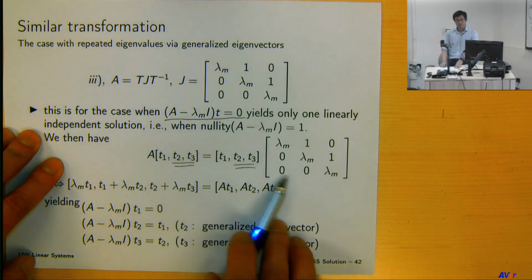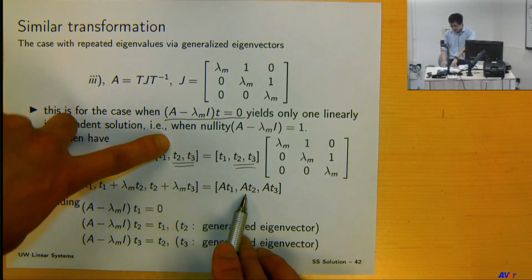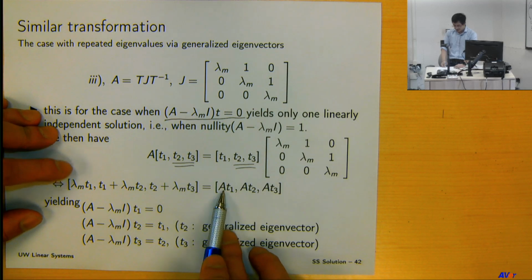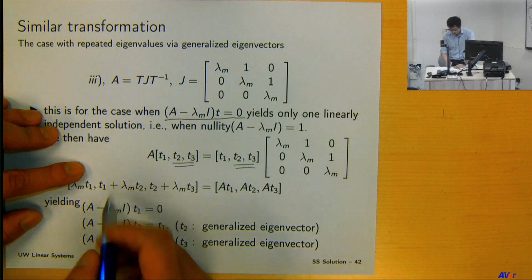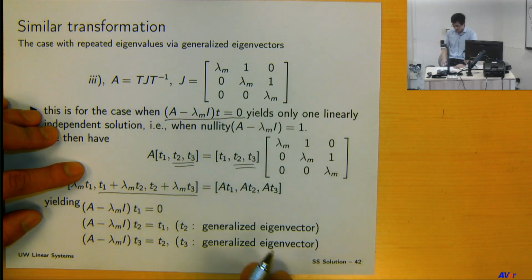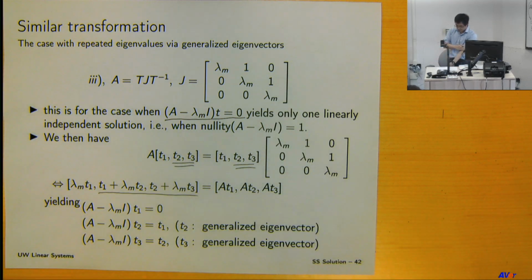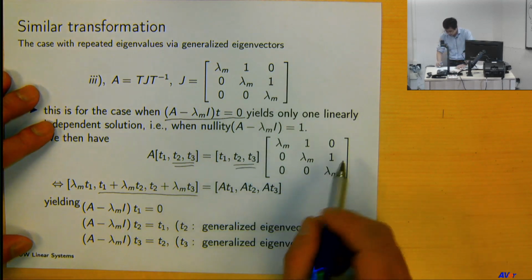If you take a look at the computation here, it's very similar in structure. AT1, AT2, AT3. T1 must satisfy AT1 equal to lambda m times T1. And then T2 and T3 are generalized eigenvectors. Now in this case, be a little bit careful.